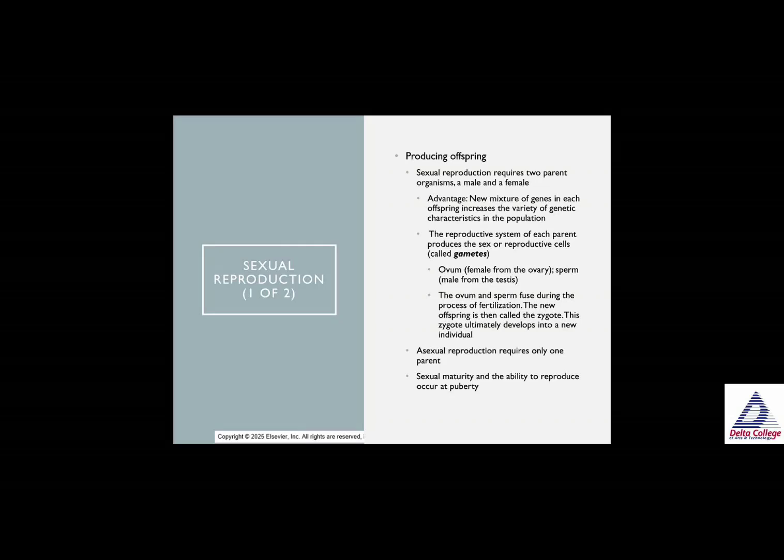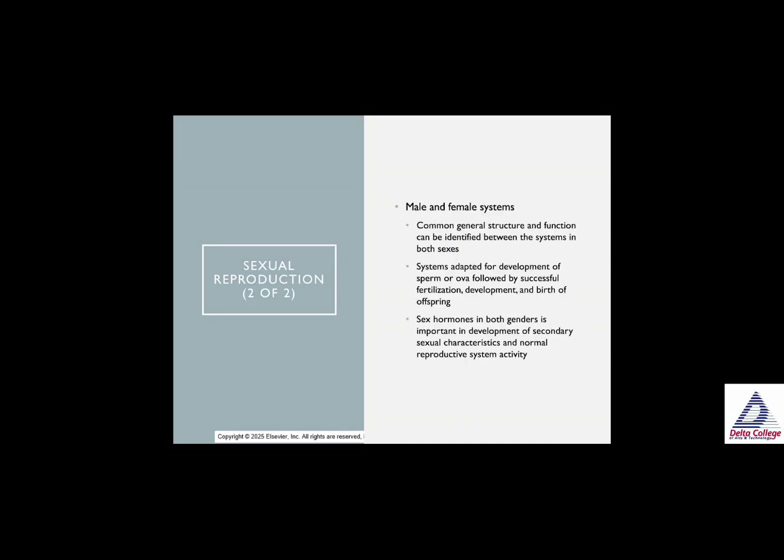Asexual reproduction is when an organism reproduces and it requires only one parent. Sexual maturity and the ability to reproduce occur at puberty. Male and female systems. Common general structure and function can be identified between the systems in both sexes.